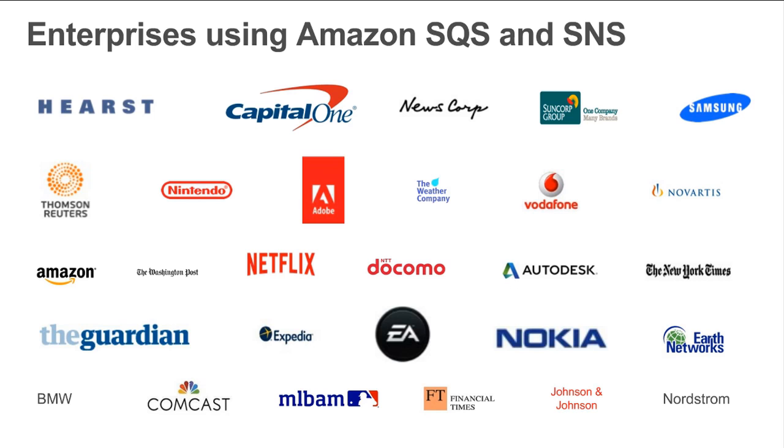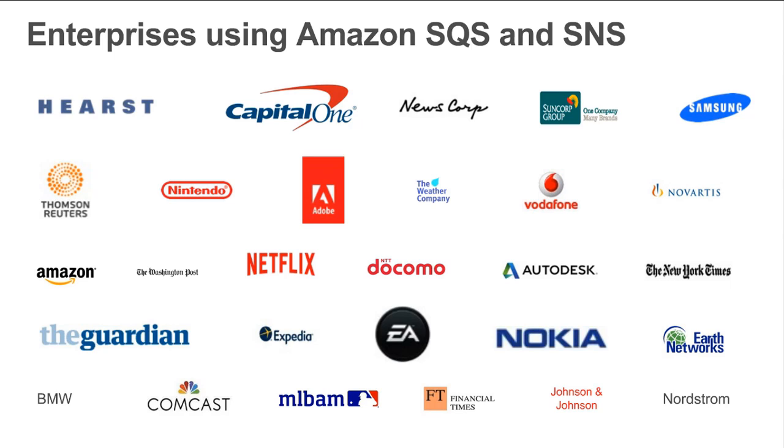And SQS and SNS have been around in AWS for many years now. We've got a lot of customers using both services and relying on them day to day to connect their services together. We've got both customers that are cloud native and build their entire infrastructure on top of AWS. An example is Lyft, which uses messaging applications to transmit messages between their services.